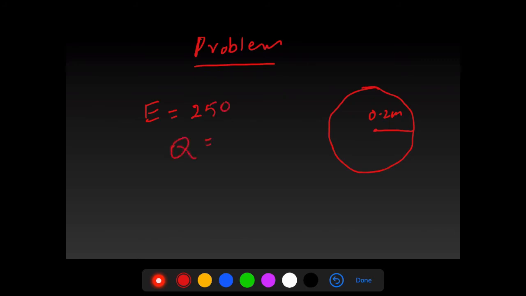They are asking what is the charge enclosed by that surface.